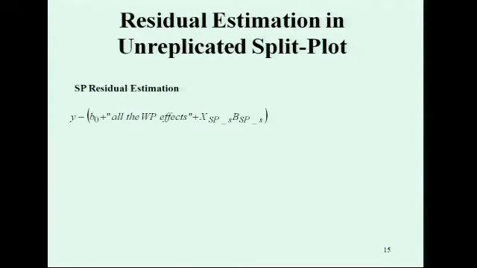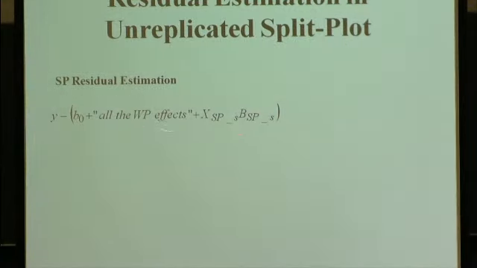The residuals are going to be estimated by subtracting from the actual response everything but the non-significant effects at the subplot level. X_P stands for the matrix with all the effects that are significant. S here stands for significant.